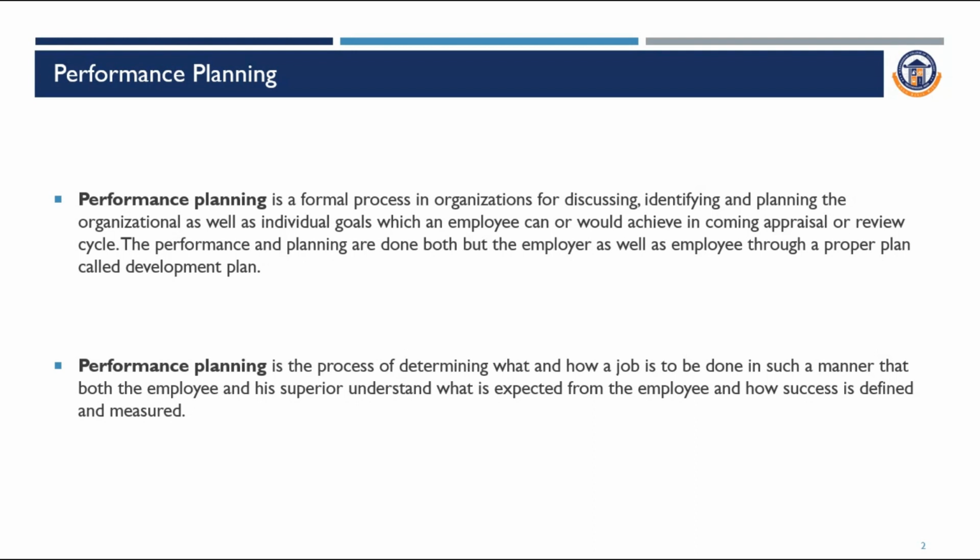It means the process of determining what and how a job is to be done in such a manner that both the employee and his superior understand what is expected from the employee and how success is defined and measured.